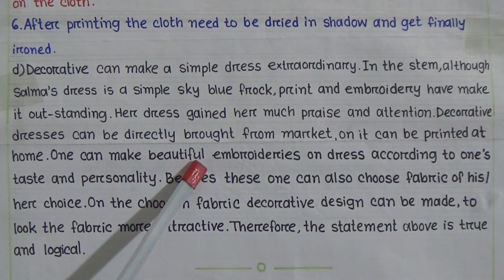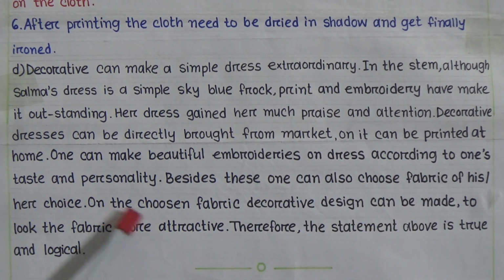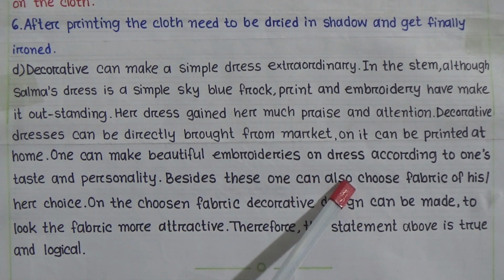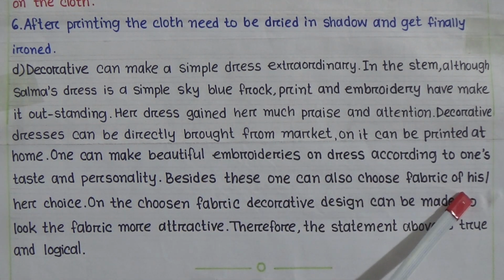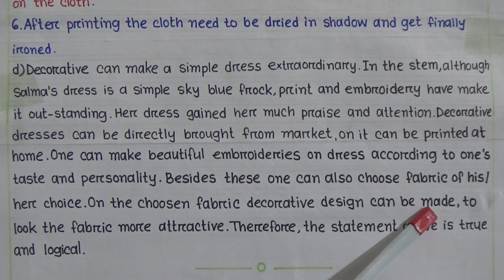One can make beautiful embroideries on a dress according to one's taste and personality. Besides this, one can also choose fabric of his or her choice. On the chosen fabric, decorative design can be made to make the fabric look more attractive. Therefore, the statement above is true and logical.